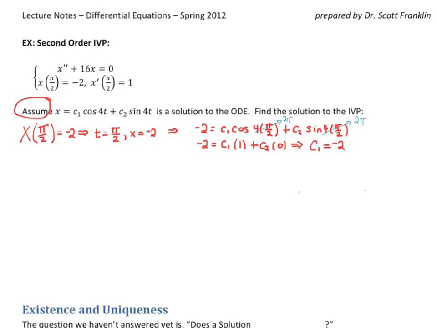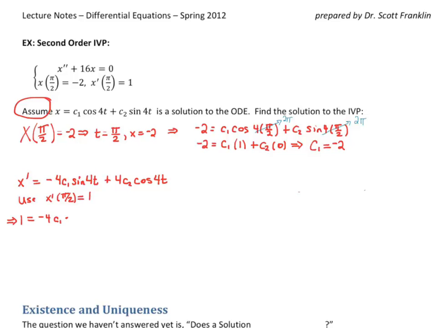Now, in order to use the second initial condition, we need to know the derivative of this function right here. So we're going to take the derivative of that. Derivative of cosine is negative sine, so you're going to end up with a negative 4 c1 sine of 4t plus 4 c2 cosine of 4t, plugging in, again, pi over 2 for t, and this time, for the derivative of x, we're going to plug in 1.